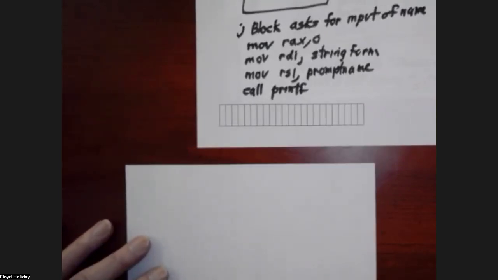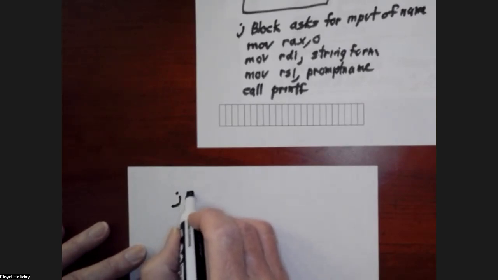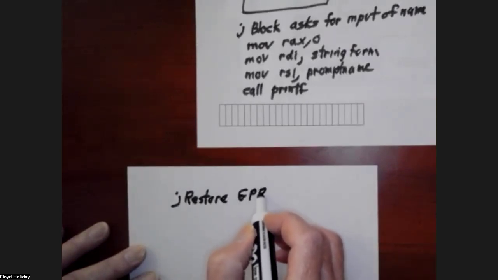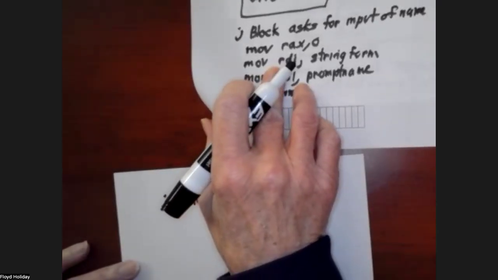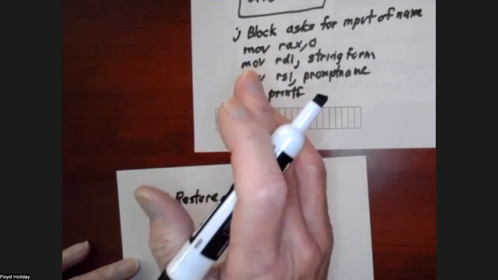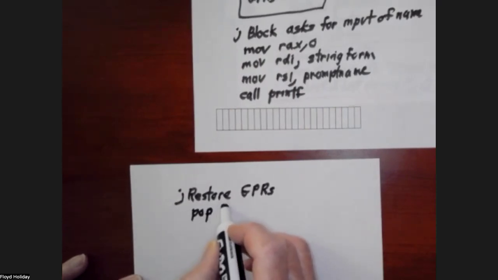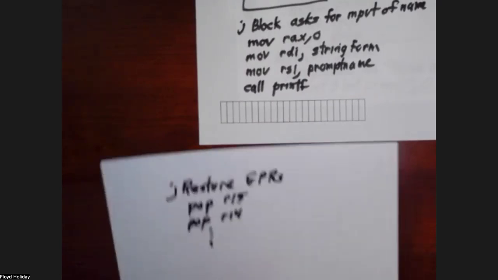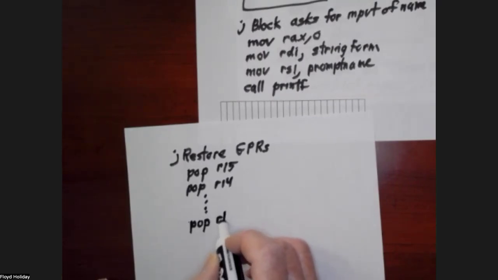Okay, so to close it off, we have to have a block that restores general purpose registers. Restore GPRs. What did I call it back here? The backup uses all those pushes. The restore uses pops. Okay, so pop R15, pop R14, and you keep on going all the way back, in reverse order, to pop RBP.